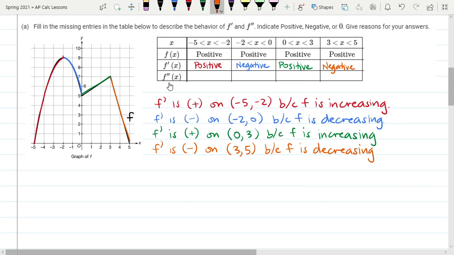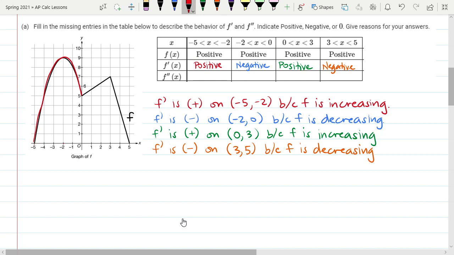Now for f double prime, remember the relationship between f double prime and f, the original function f, is that f double prime being positive or negative indicates the concavity of f. So now let's take a look at the concavity. Well, notice from -5 all the way to 0, f is concave down.